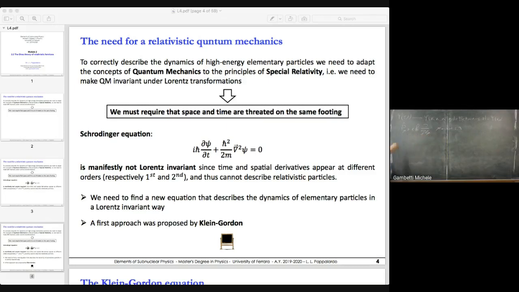In particular, for the time component, that is the 0 component, p0 is i h bar d over dx0. But x0 is c times time, so this is i h bar d over d(ct), and we can also write it as i h bar 1 over c d over dt.